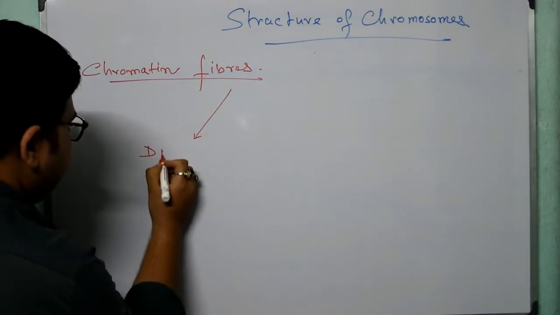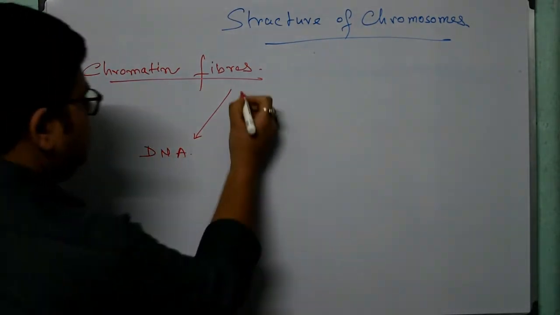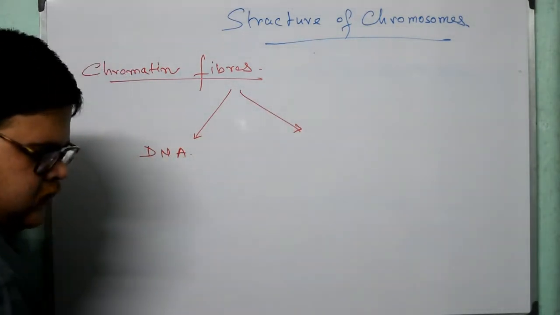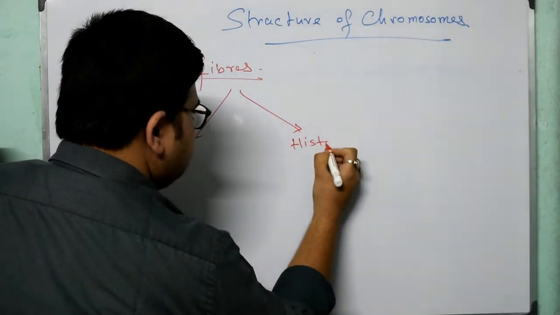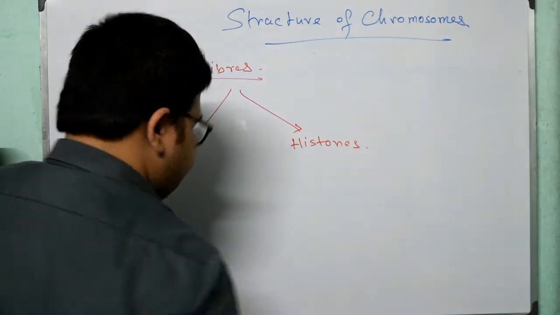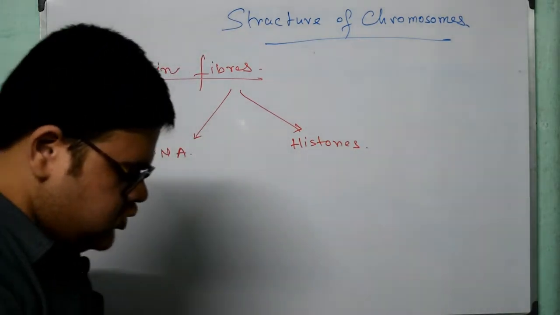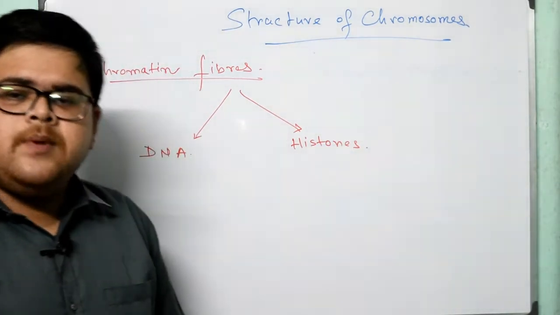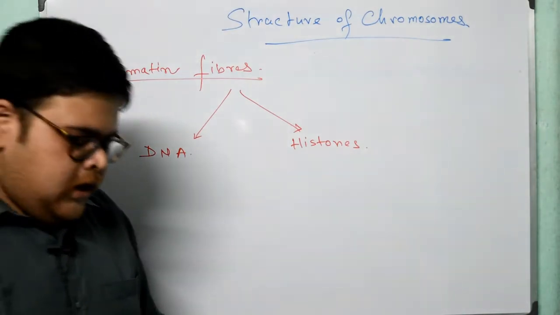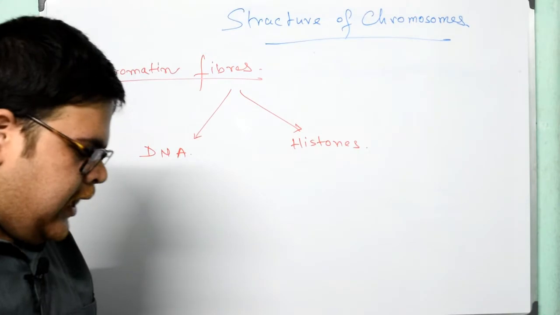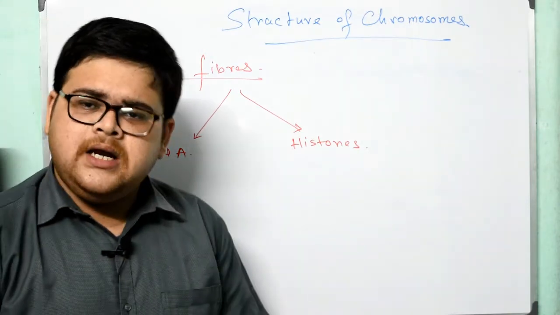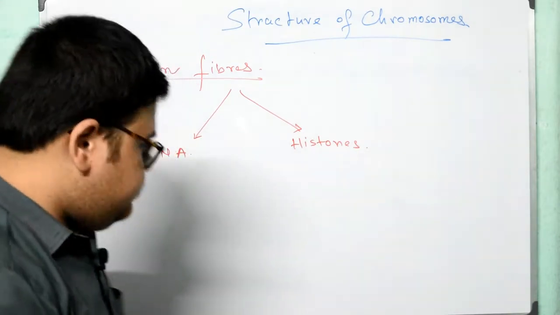One is DNA, as I already told you. Another one is histones. Now what are histones? Histone is a particular type of protein. You can follow page number 9, where it is written that chromatin is made up of DNA and histones.